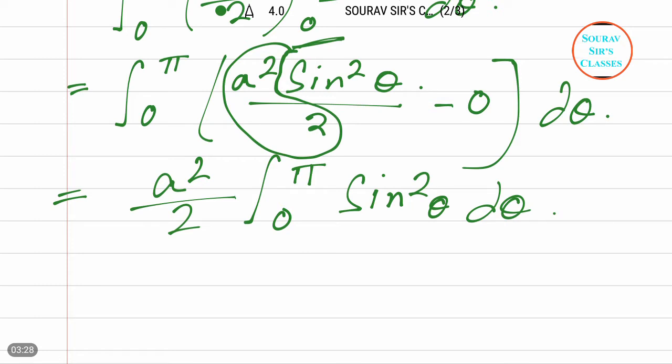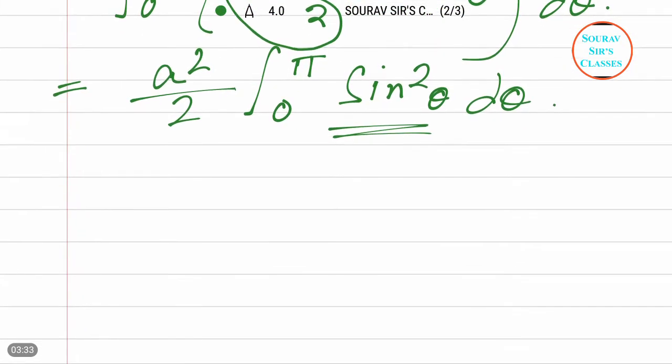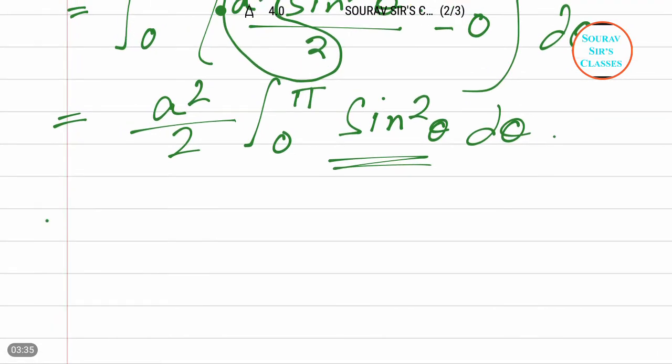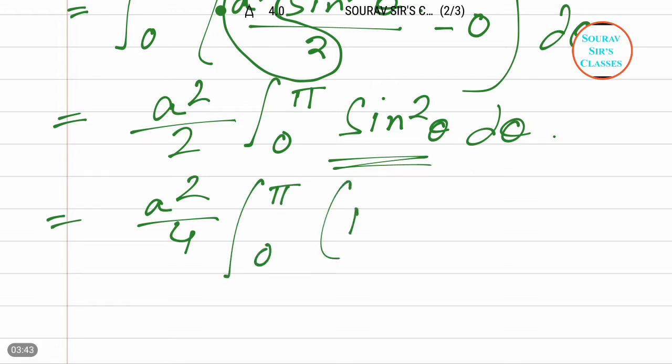So basically now we will have to integrate this sine square theta, and after integrating this we can write a square by 4 integration 0 to pi 1 minus cos 2 theta.